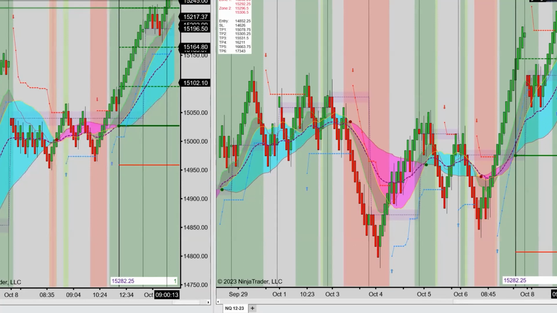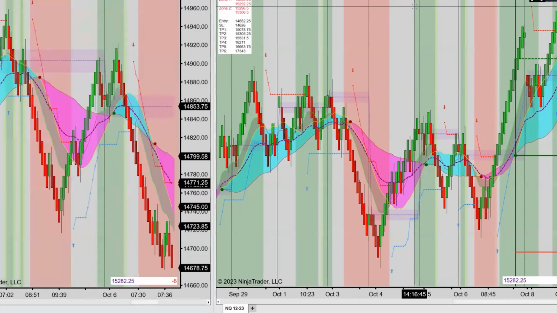Typically, any trend in the market, 100% of the time, whenever you get a move in the market, and I mean it, 100% of the time, you will always have the 200 NT Renko and the 100 NT Renko in sync, meaning the current close of the 200 chart is in the same direction as the 100 chart.